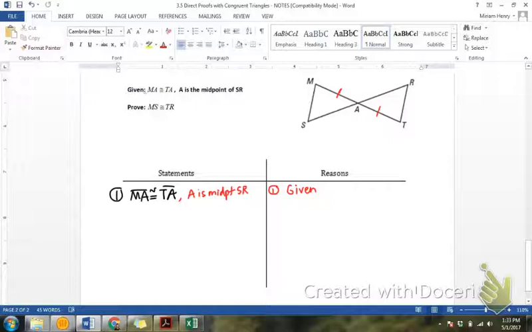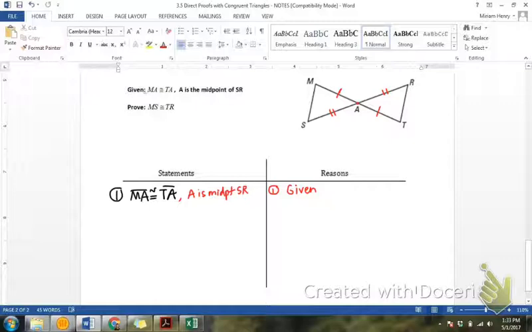Okay, if A is in the middle here, what do we know about this segment and this segment? They're congruent, right? Okay, so if something's in the middle, then I know that this segment is congruent to this segment. Now I marked it. Is it specifically written in my proof already that SA and AR are congruent to each other? Do you see that anywhere?